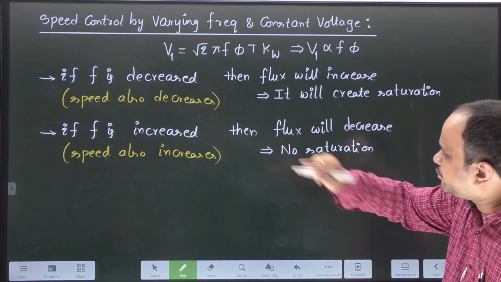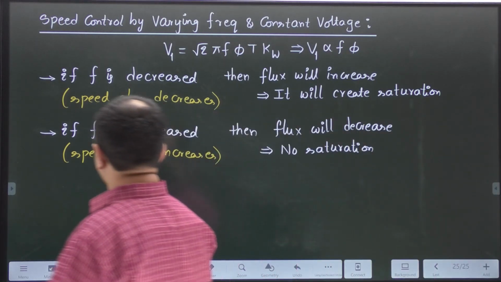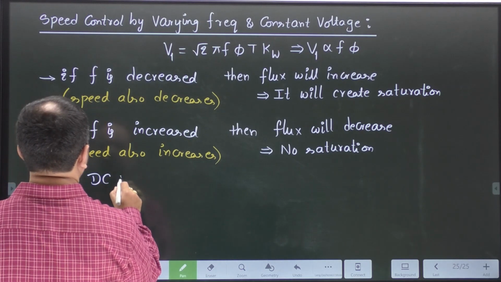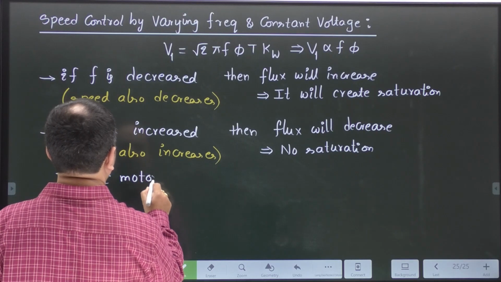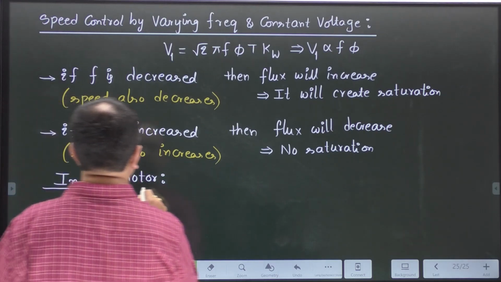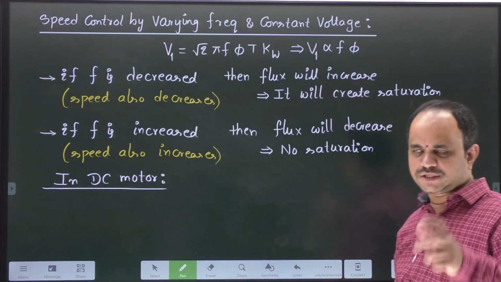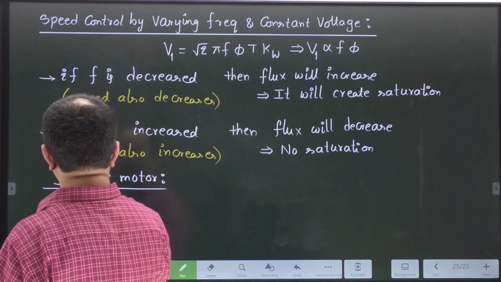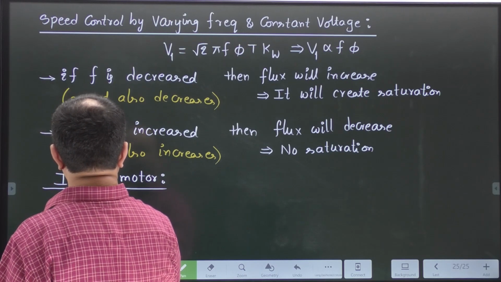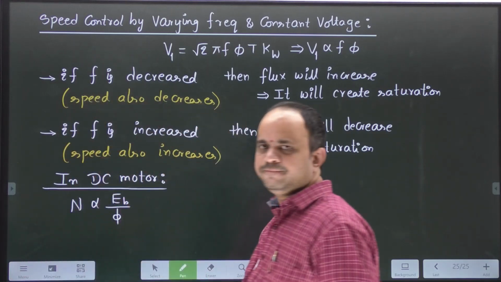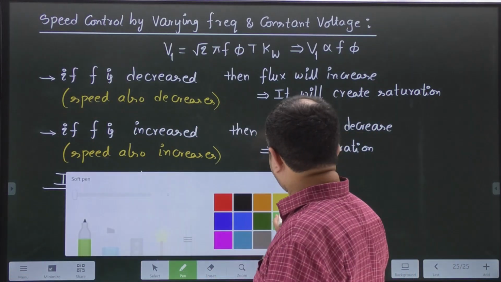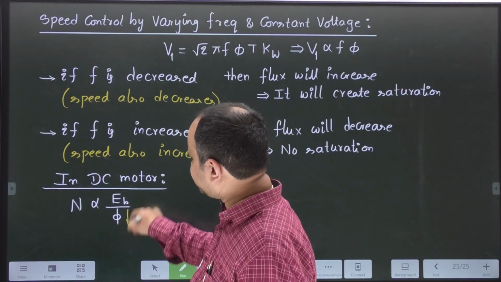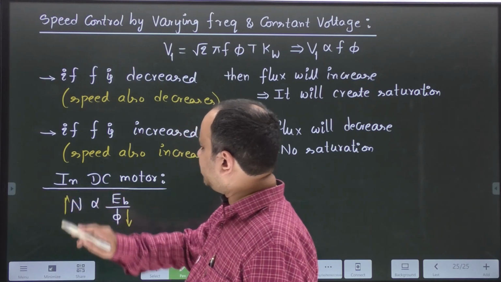But this type of method, say for example, in case of a DC motor, in the field control method or flux control method, we have one concept called N is proportional to EB by phi, right? Here, by maintaining the terminal voltage to the motor constant, if you decrease the flux, speed will increase.